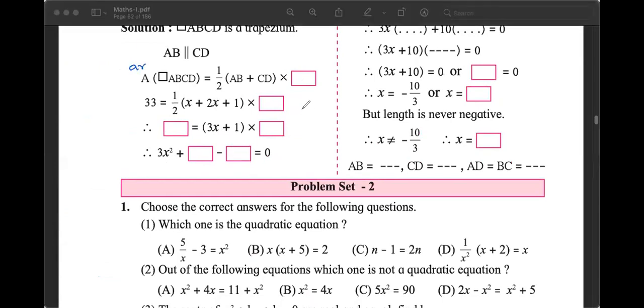Area of quadrilateral ABCD is equal to half of AB plus CD, sum of the lengths of the parallel sides, into, so multiplied by, AM, the distance between the parallel sides. This is first fill in the blanks. Now AB is x, CD is 2x plus 1. That is what has been written here. And AM is given to us as x minus 4. X minus 4. Be careful.